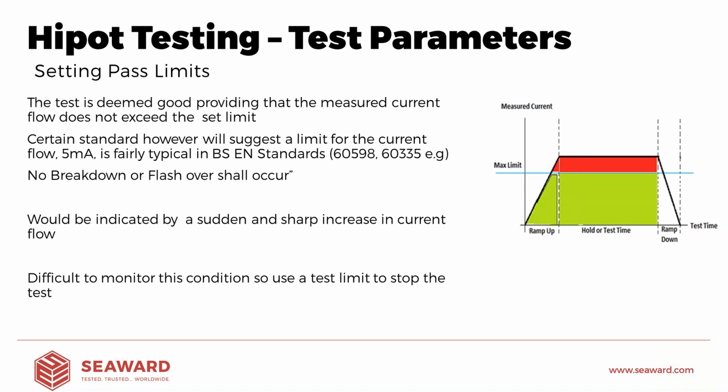So we always try to use a test limit that's low enough to catch a failure condition, but not too high that it puts the operator at risk of a worse shock than possible. So always use a maximum limit when you're performing the test. Even if your tester is capable of measuring much higher currents, we'd always look to employ a test limit that's a sensible balance between safety and problematic false failures.